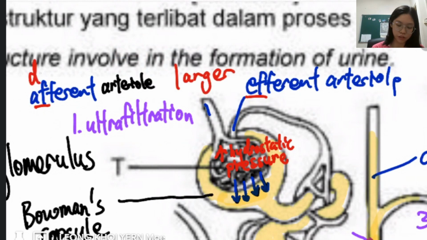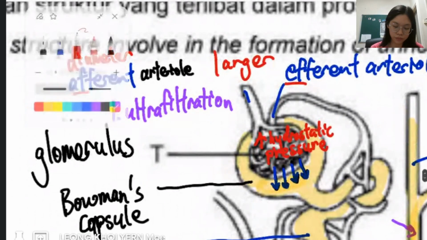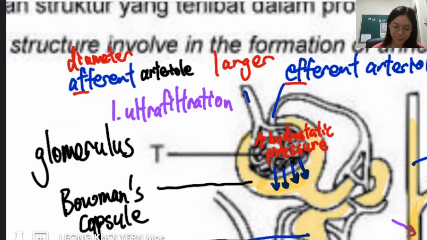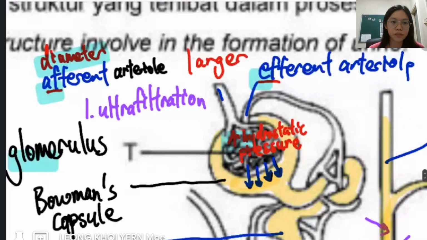Than the efferent arteriole. So first of all, blood enters your glomerulus under a high hydrostatic pressure. Why high hydrostatic pressure? It is because the diameter of the afferent arteriole is larger than the diameter of the efferent arteriole. Because it goes from large to small, you can imagine the pressure difference, which results in a large pressure.